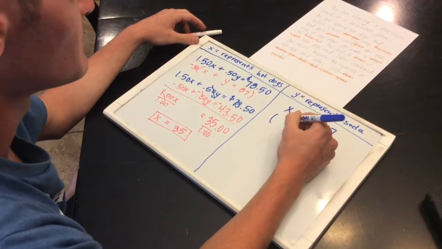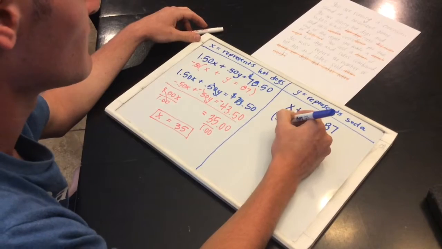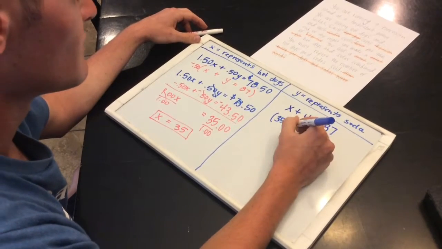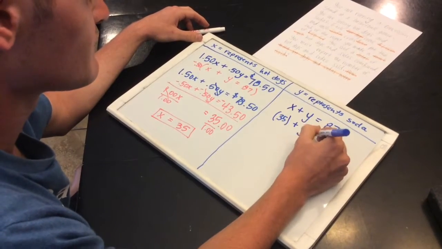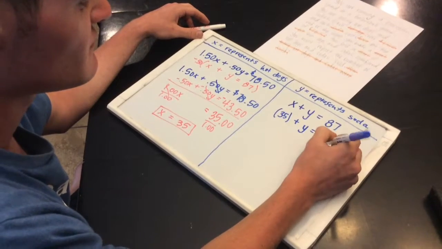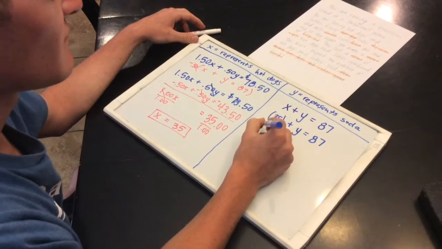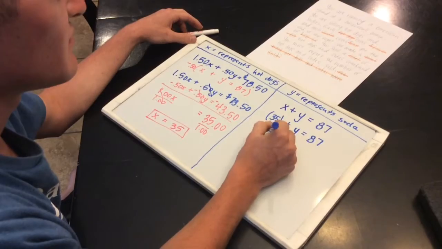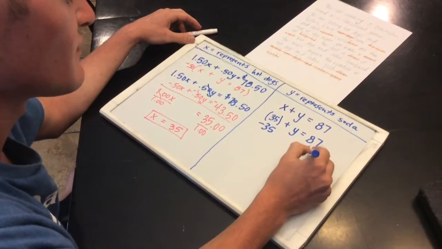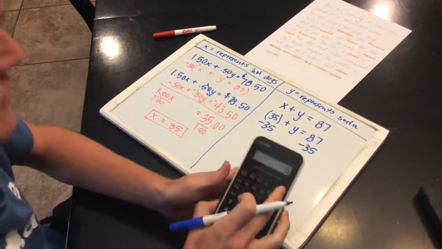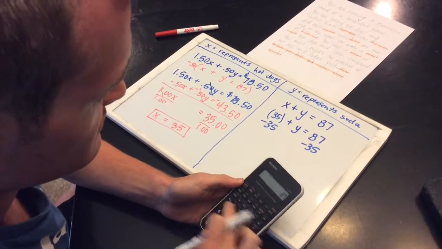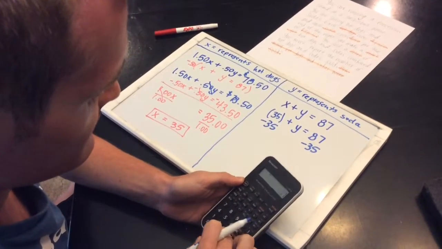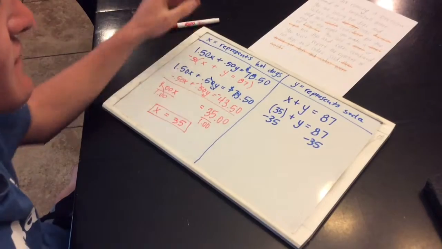So we can just substitute in x since they're equal. Then the next step is to subtract over. Gonna bring up my calculator again. 87 minus 35, it's 52.